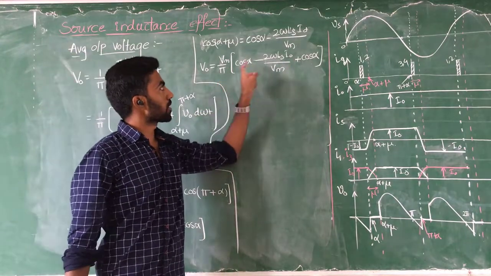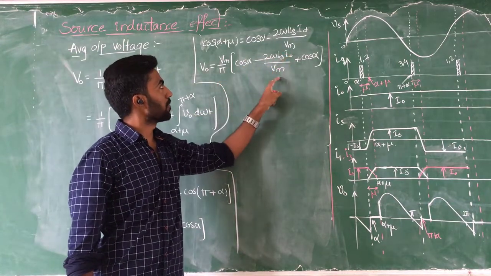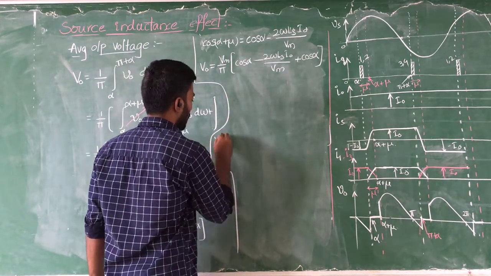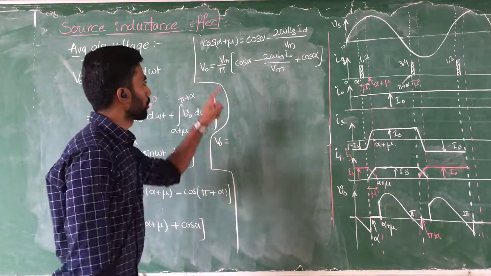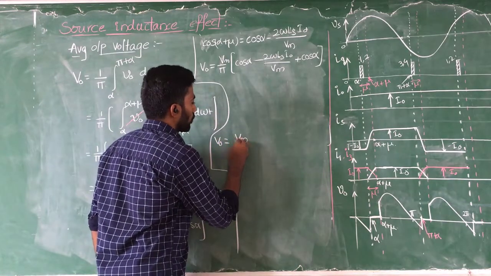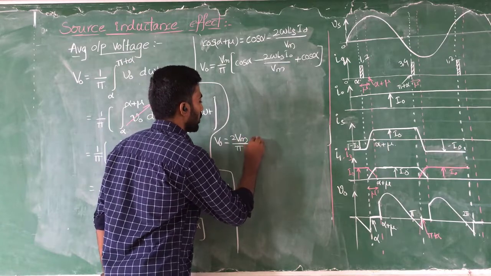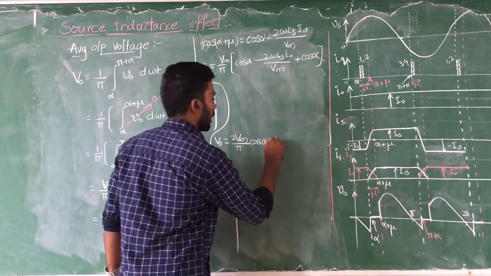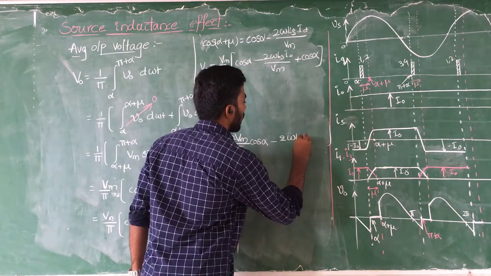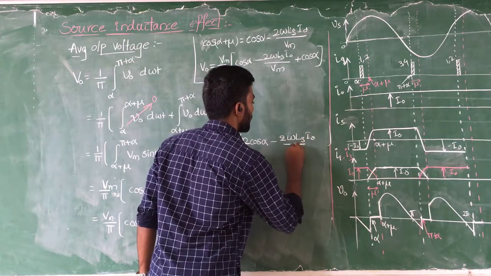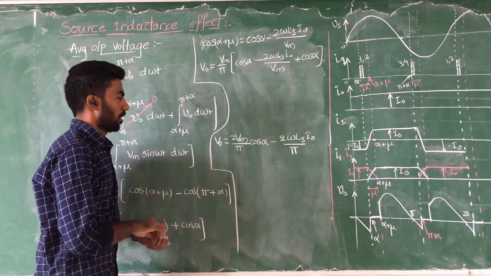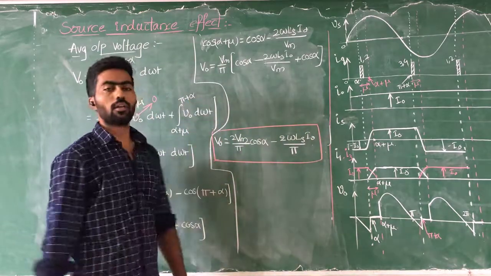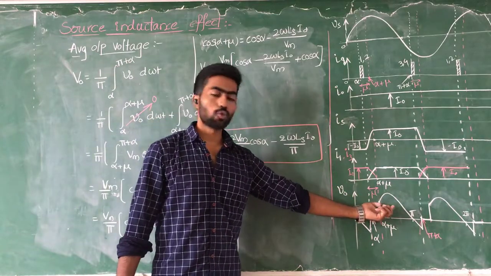Now this is 2 cos alpha minus 2 omega Ls I naught by Vm. If we multiply with that, V naught is equal to 2 Vm by pi cos alpha minus 2 omega Ls I naught by pi, because Vm gets cancelled. This is the average output voltage expression for this converter with source inductance.